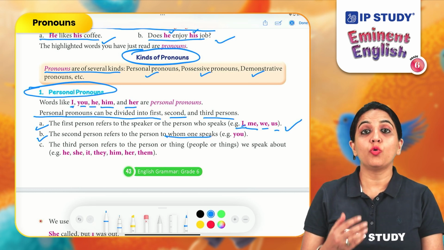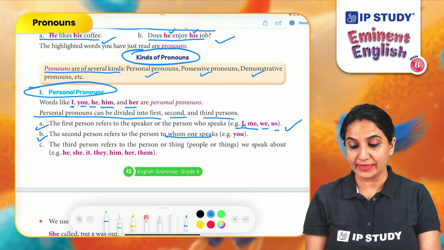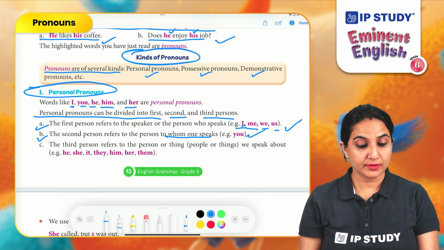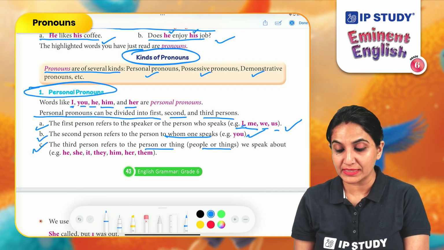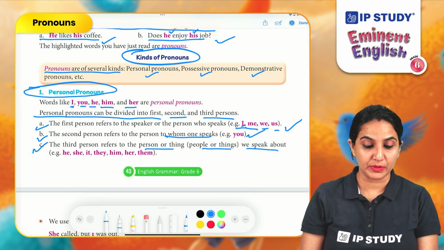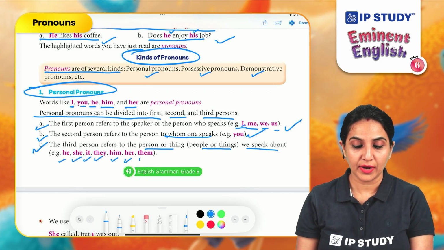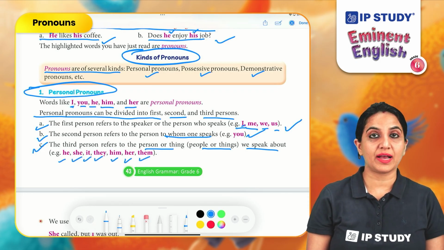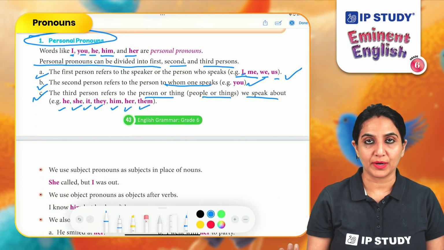That means whom we are talking to. So the second person pronoun is you. The third person refers to the people or things we speak about. For example, he, she, it, they, him, her, them. So that means we are referring to the person or the thing we are speaking about.